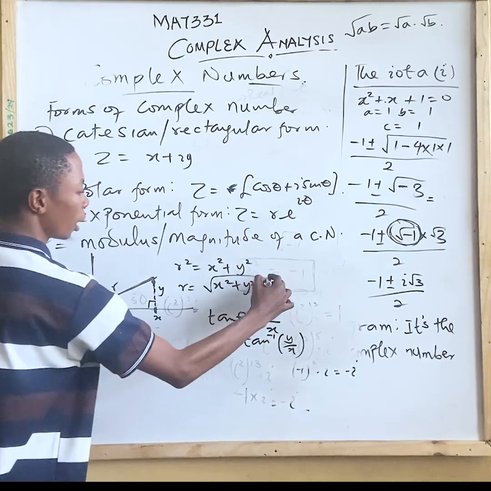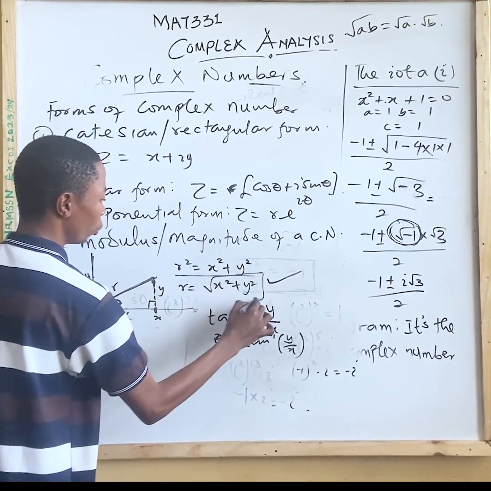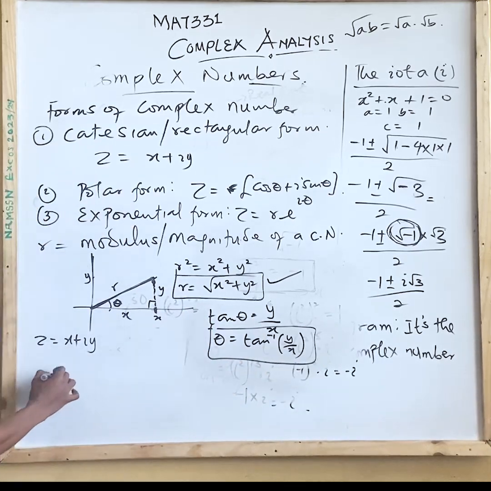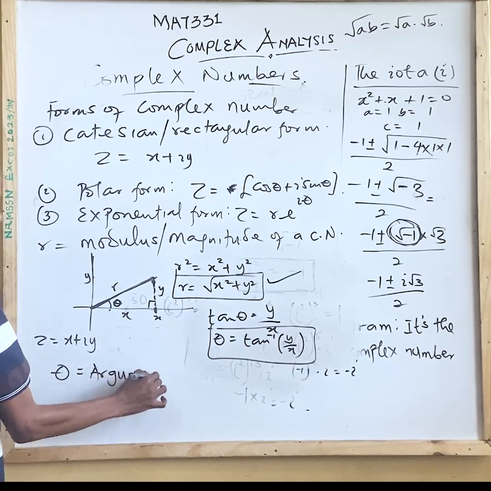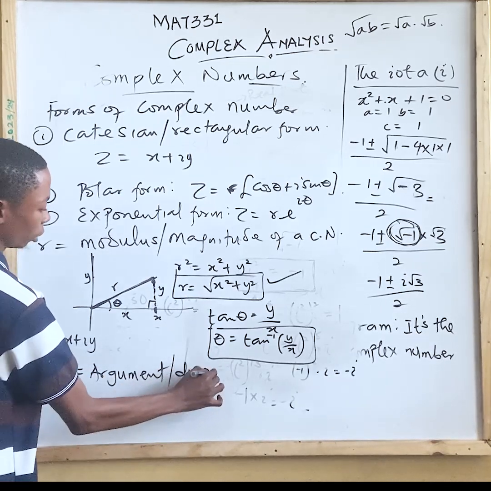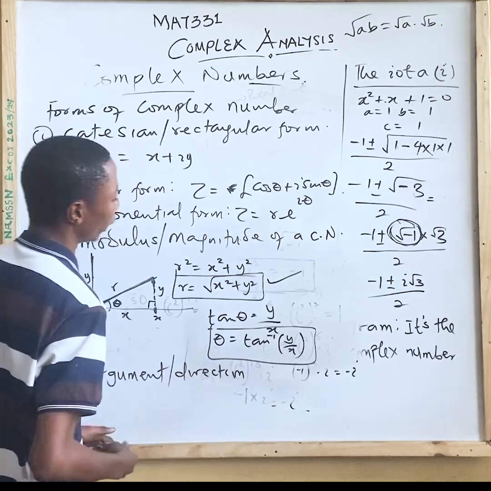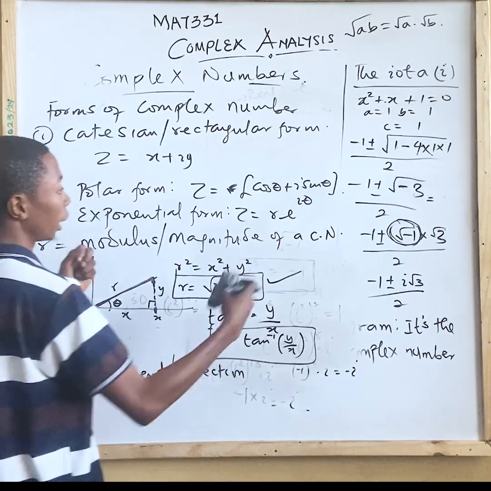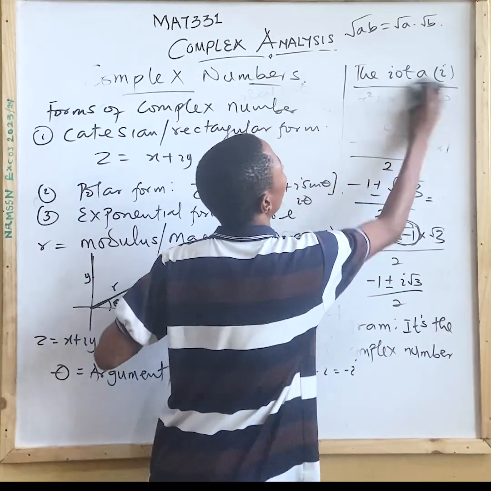So we need r. r is the modulus, and theta is the argument, or the direction. So I'll take a few examples on the modulus and argument of a complex number.